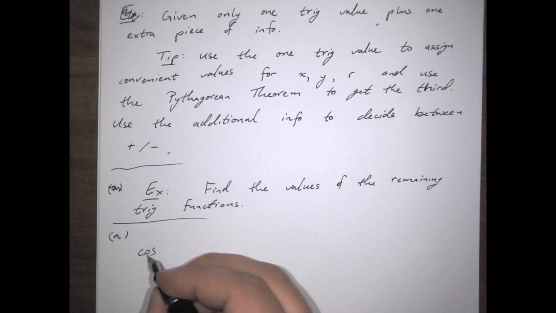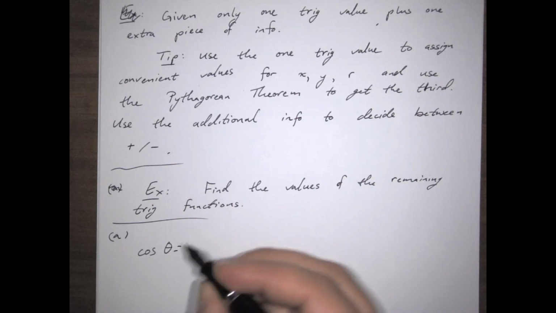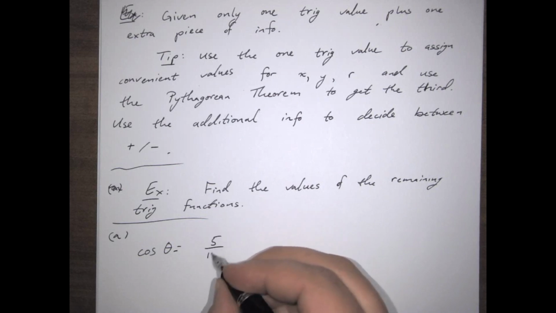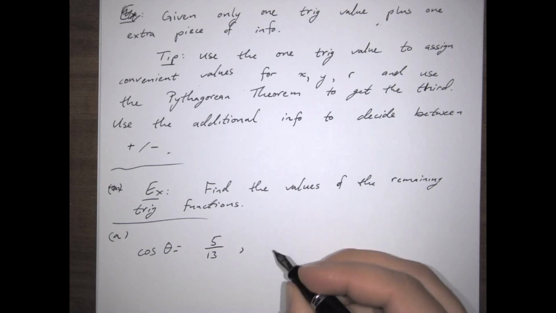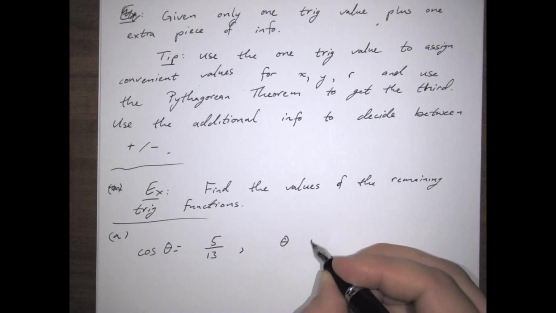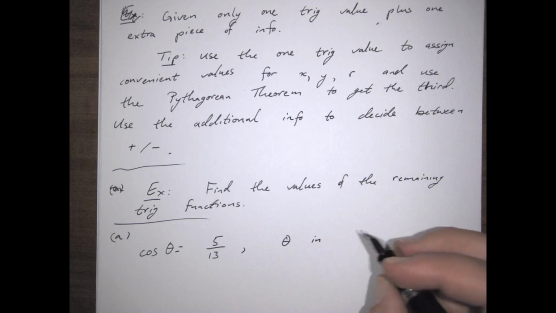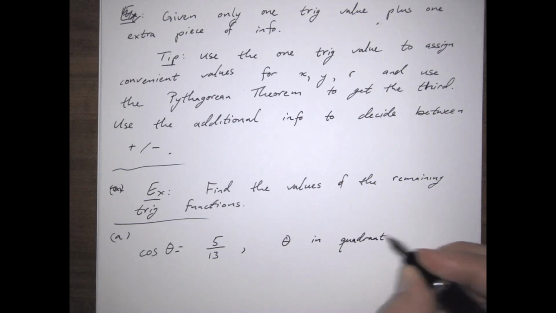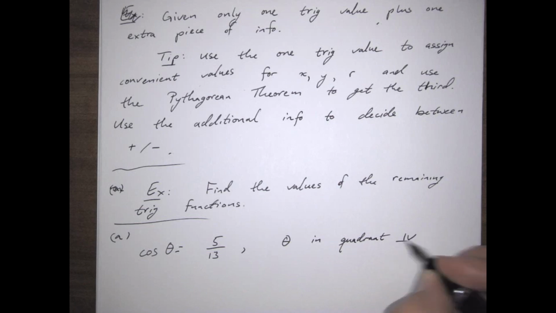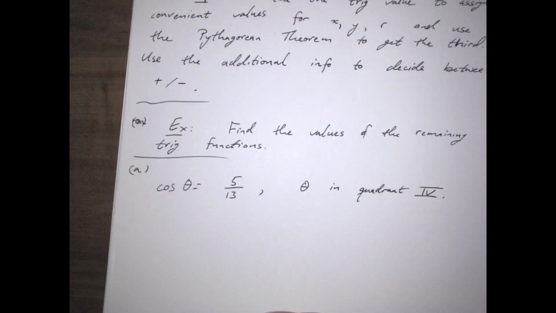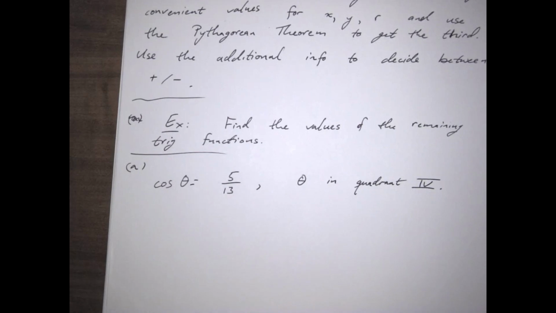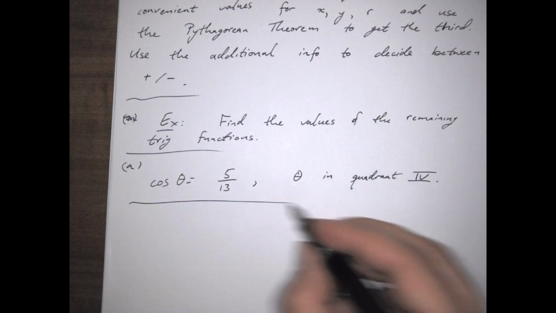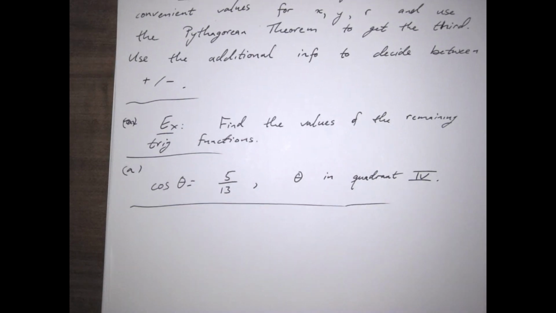So cosine theta is equal to 5/13, and theta is in quadrant 4. All right, so that could be the kind of information that we might be given to work with.